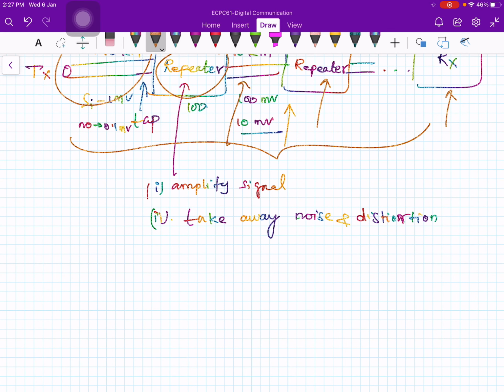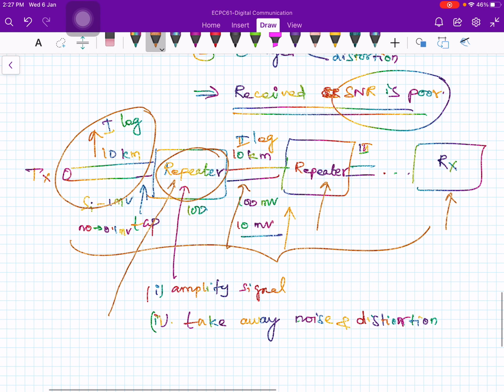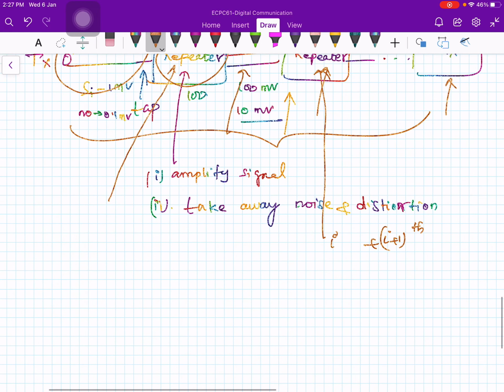Therefore between the transmitter and the first repeater, or the ith repeater and the (i+1)th repeater, you remove the distortion and noise. Whatever noise and distortion was introduced by the channel will be removed by the repeater, so you are able to take it away and retransmit a clean signal.